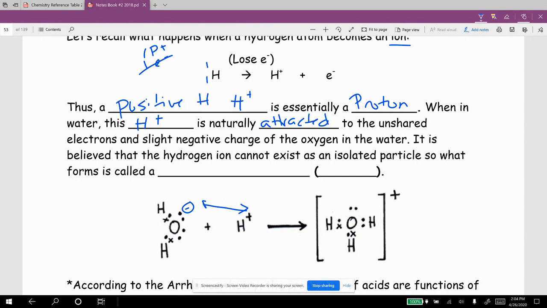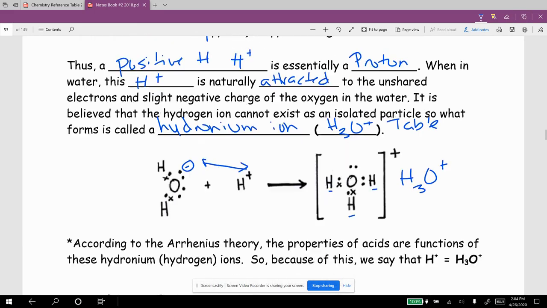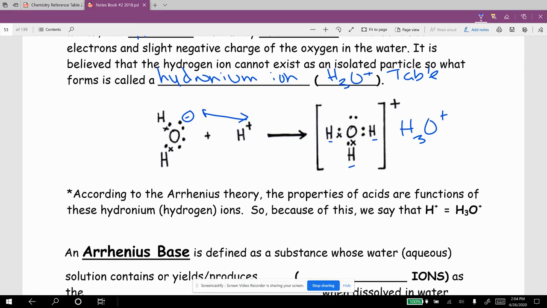Then it's going to form H3, 1, 2, 3, H3O plus. This is what we call the hydronium ion, the H3O plus, and that's listed on Table E. So whenever you've got that H plus, according to this Arrhenius theory, the properties of acids.